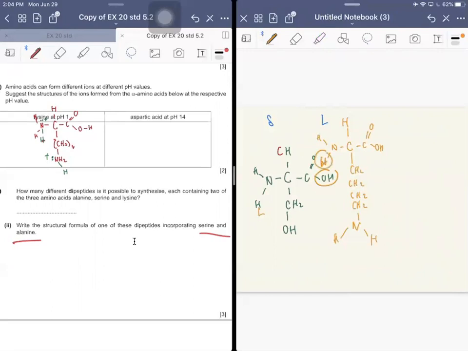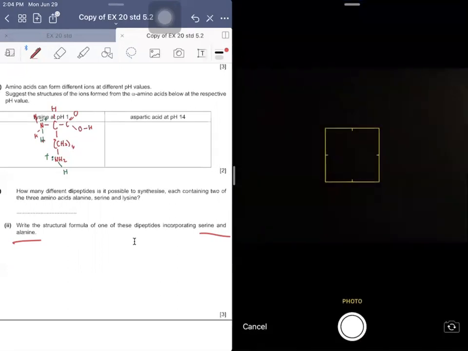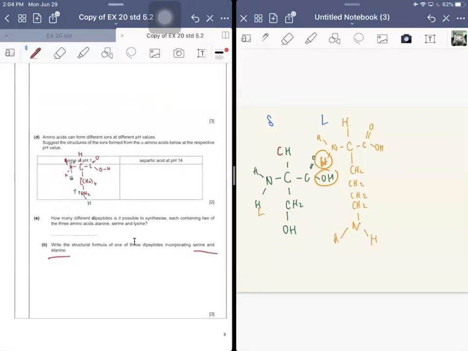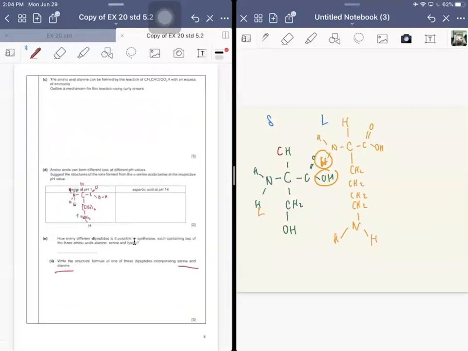Okay, you lose water, and the bond that you are forming is a peptide bond. Okay, so be careful that when you draw the C single bond N, you only have 1 hydrogen and you only have 3 bonds around the nitrogen. Okay, so I will leave you to do that.